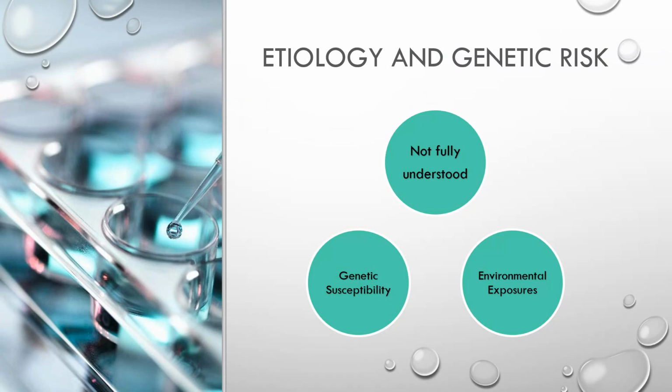So triggers are thought to be things such as hormones. Estrogen is a big one. And when we can make that connection that estrogen is a big reason someone might have SLE, it helps to understand then who this most commonly impacts, which is women.